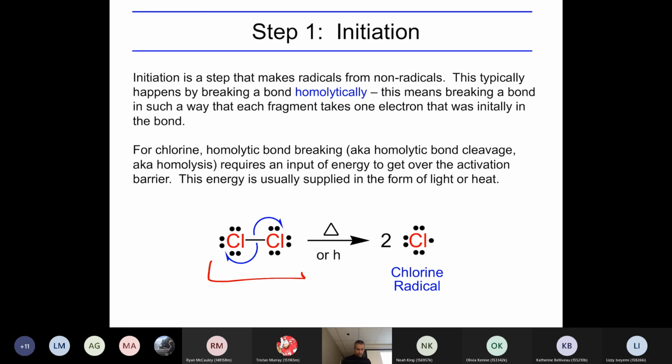You can see there's a symbol missing there. You use either heat or light. And this symbol here, h nu, it's not hv, it's h nu. Nu is the Greek lowercase n. And that's because the energy of a photon is equal to h nu.